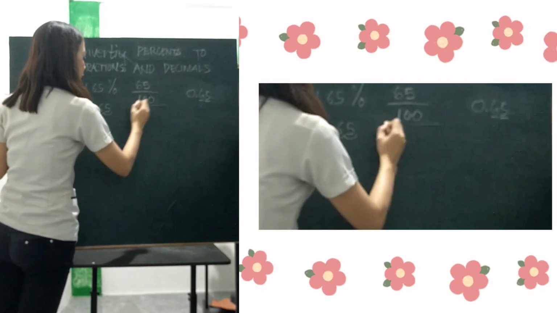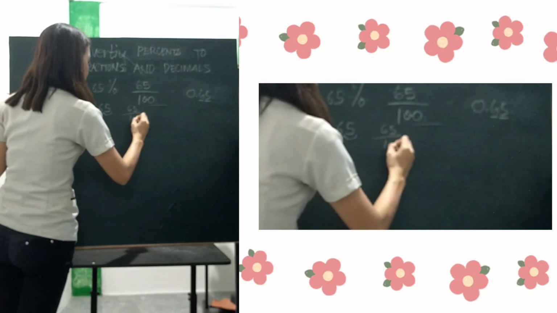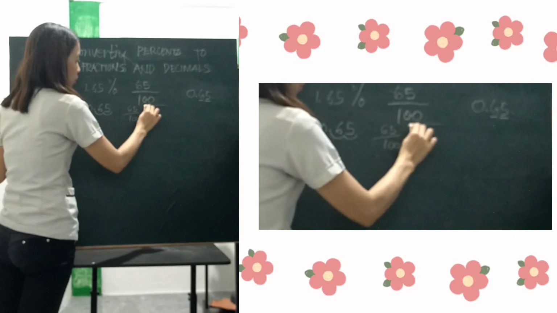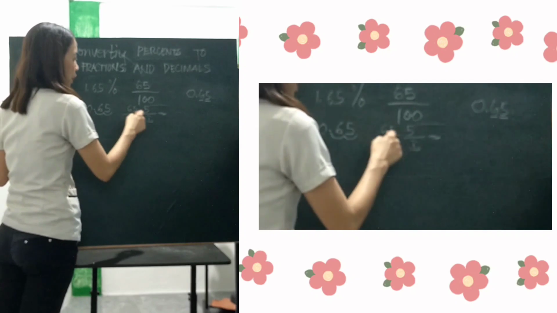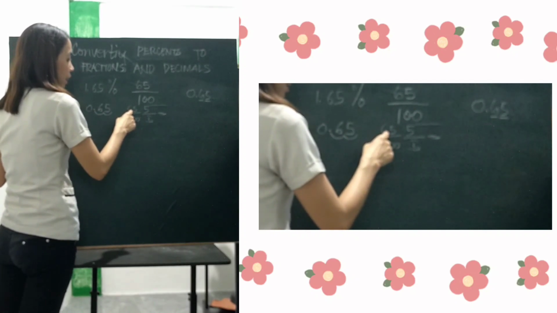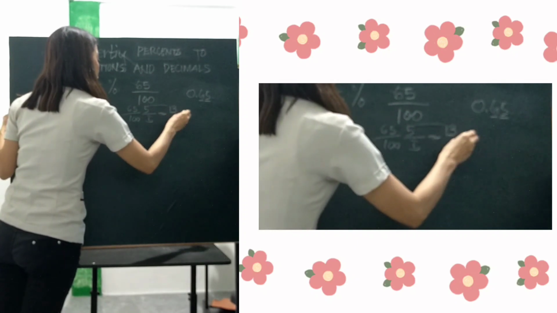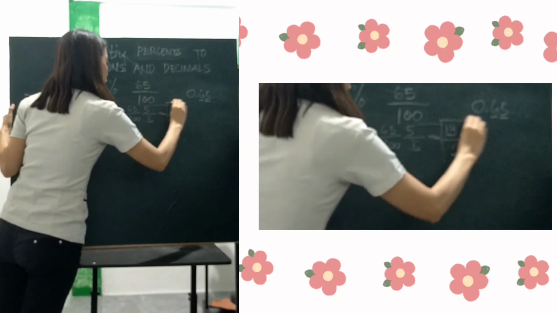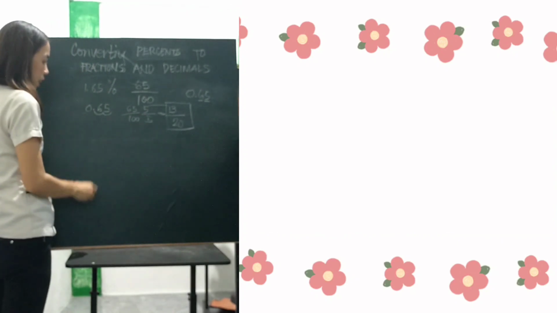Yes, we will simplify this by dividing it by 5. So 65 divided by 5 is 13 over 20. So, your fractional part will be 13 over 20.